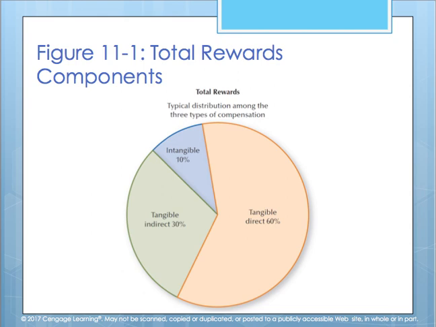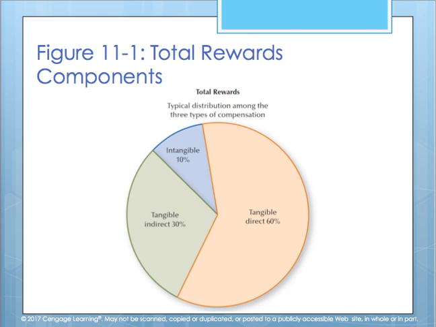Figure 11.1 shows you the components in a visual graph where it shows the typical distribution among those three types of compensation. Tangible is both indirect and direct, and intangible. And you see that our biggest portion of that pie, which is 60%, comes from the tangible, direct rewards, right?